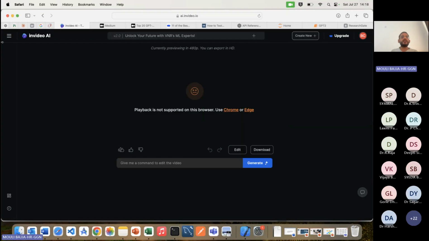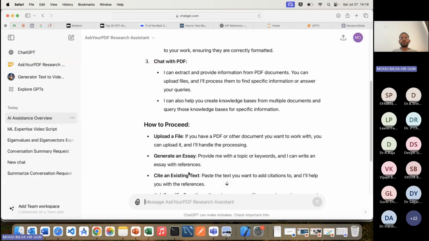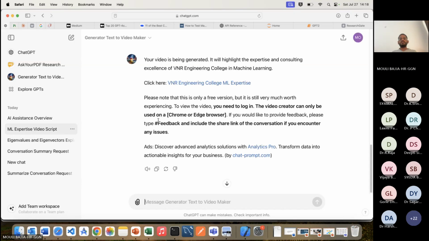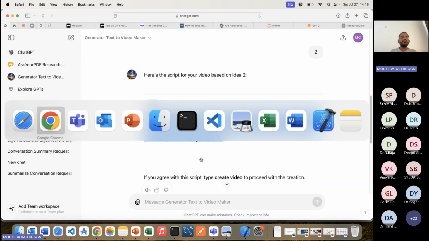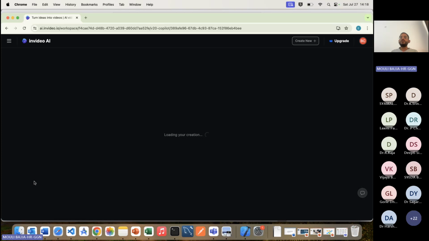Same thing we'll try to run in Safari in Chrome and see what is going to happen. So this is the text that it created, and we have approved this text. And we want to see for this text whether it can generate a video or not.